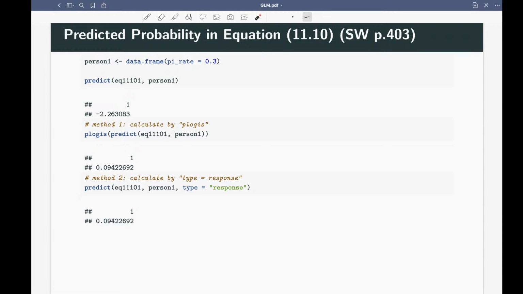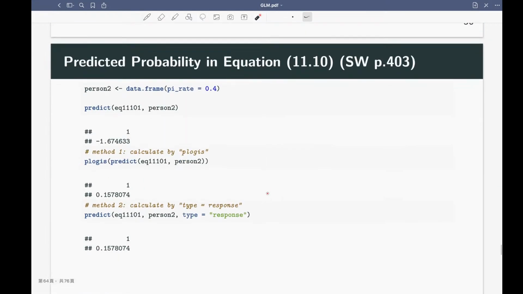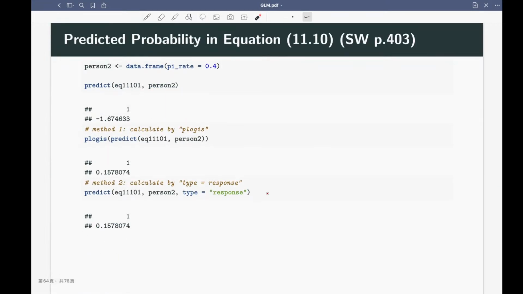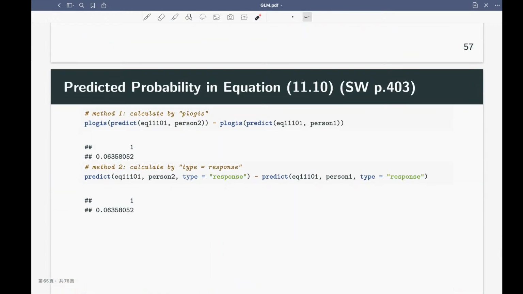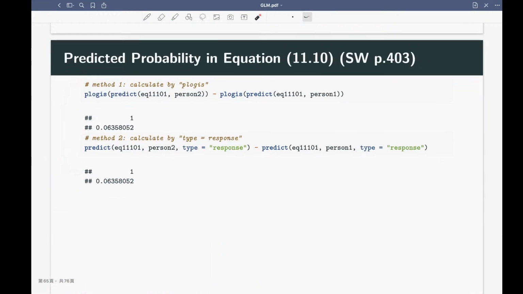And we can also use the predict function directly with type equal to response. Next we also find the prediction when the PI ratio equals 0.4. We have two methods, the P-Logit method and the prediction method with type equal to response.